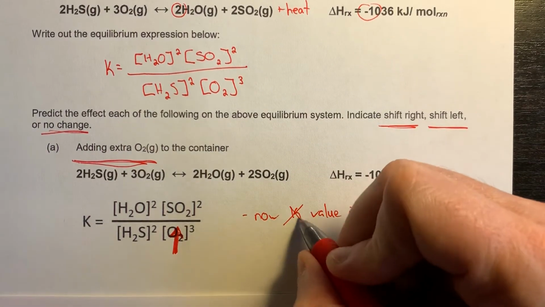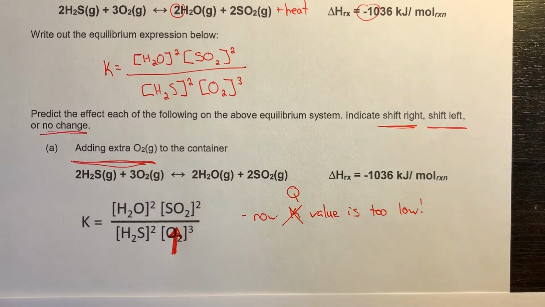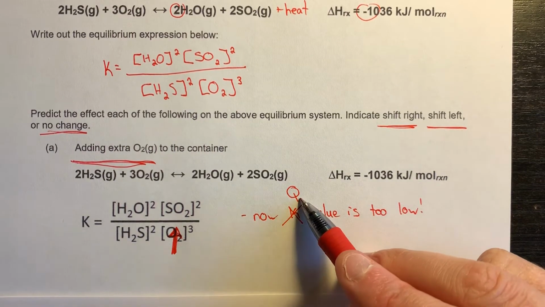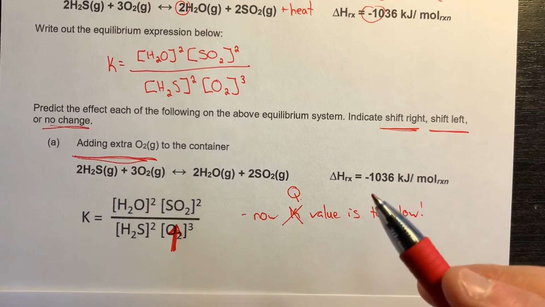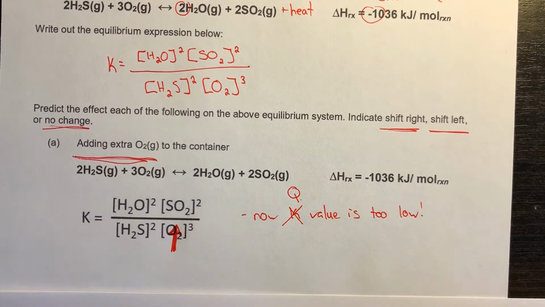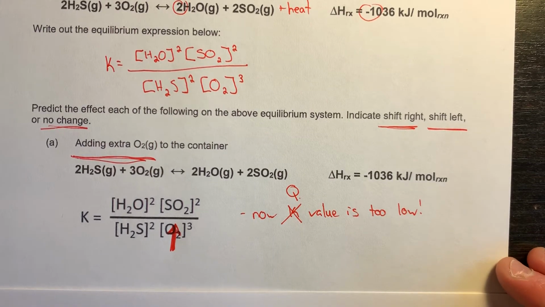And in fact, when we're not at equilibrium, we don't call that K anymore, we actually call that Q. So Q, that's called our reaction quotient, is a way to quantify whether we are at equilibrium or not, right? If it's too low or too high, if we're not quite at equilibrium because we've placed some stress on the system, we just say Q instead of K, okay?